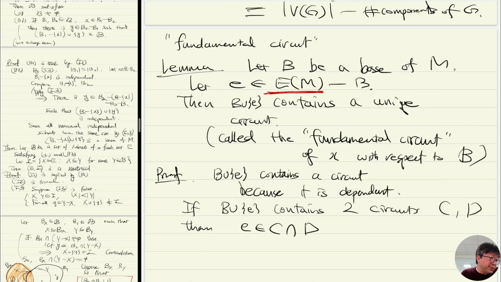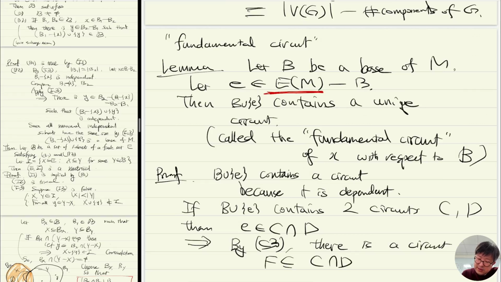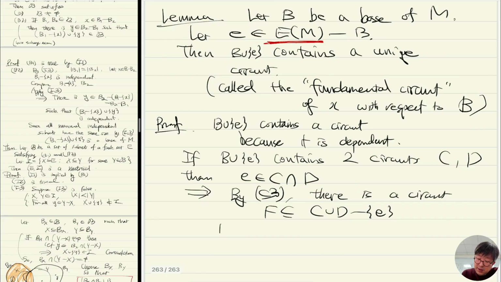All right, so now by C3 there is a circuit F, which is a subset of C union D minus X, but F is a subset of B, contradiction.